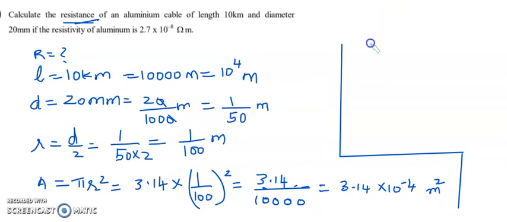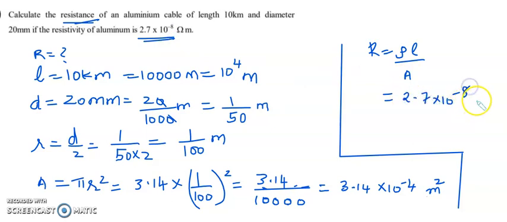So let's find R is equal to rho L by A. Rho is given as 2.7 into 10 raised to minus 8. So 2.7 into 10 raised to minus 8 multiplied by the length 10 raised to 4 divided by 3.14 multiplied by 10 raised to minus 4. Correct?